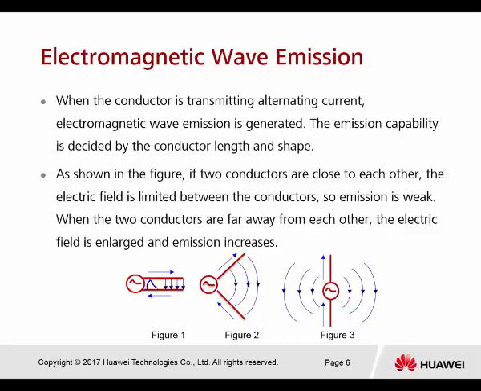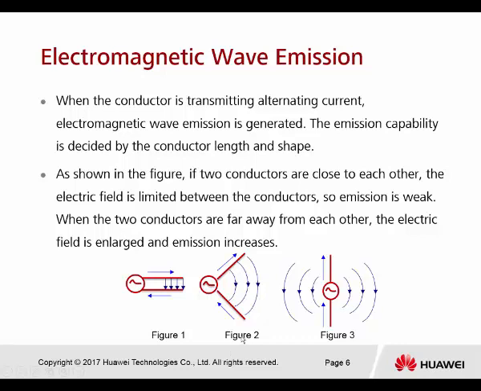When the energy comes out of this conductor, it is transmitted this way. So for figure number one, we call this a directional antenna. It can only shoot in one direction.